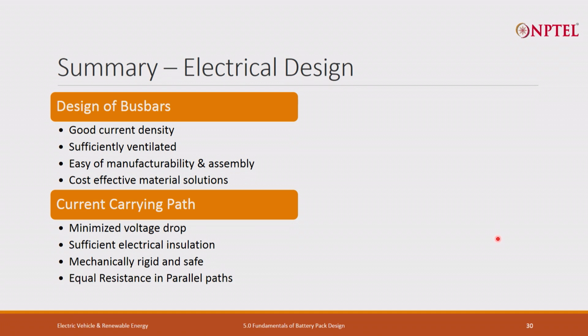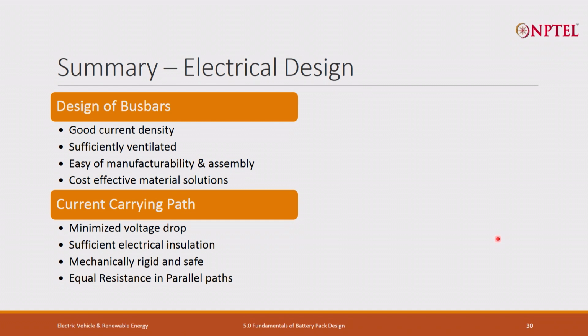The next thing we have discussed is the current carrying path. We should be able to estimate, calculate and measure the voltage drop across the current carrying paths, and that should be minimum. So, we have to design in such a way that the voltage drop across the current carrying path is minimum. It should have sufficient electrical insulation to mitigate any safety issues and also EMC EMI noise.